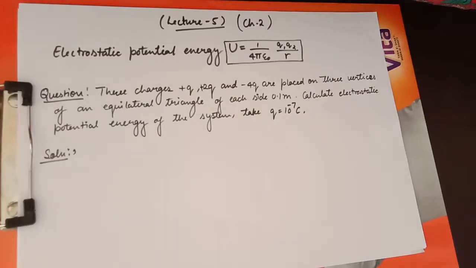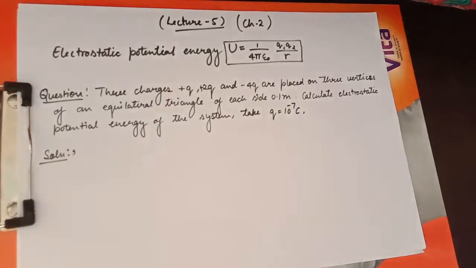So the formula will take the form which we have already derived. When there are n number of charges, then the potential energy of the system is equal to 1 upon 4 pi epsilon naught, all the combinations divided by R. So here we go.